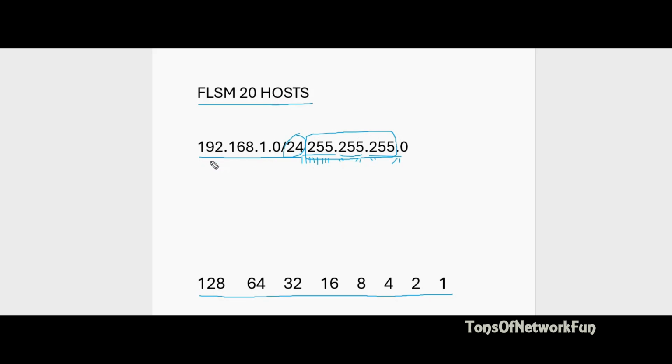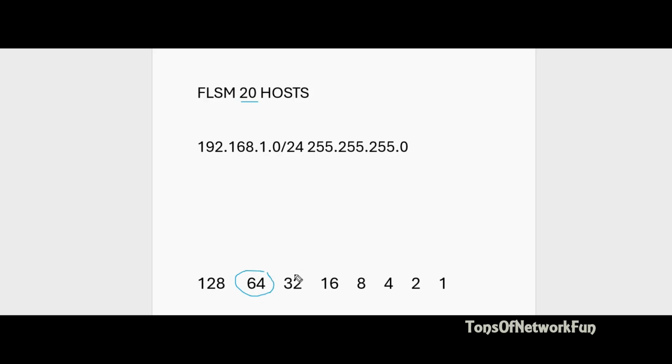This represents the network part of the IP address. So we know in a class C address, we have the first 3 octets as the network portion, and the last portion is the host part. So, 20 hosts. We always start from the left side, 128. 128 is way too much. We don't need that much. 64 is also too much.